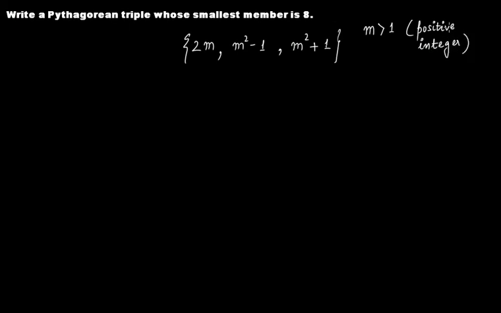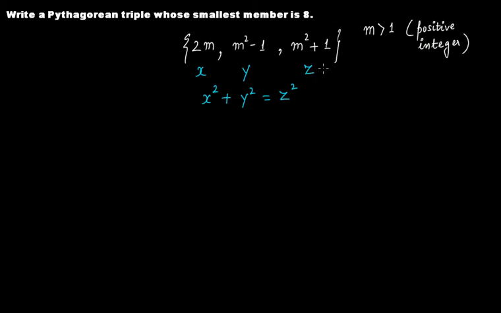Since this is a Pythagorean triple, you can go on putting different values of m like 2, 3, 4, 5, and for each different value of m you'll get a different set of Pythagorean triple. Let's say that this is x, this is y, and this is z. Since it is a Pythagorean triple, x squared plus y squared is equal to z squared, where z is the largest of these three.